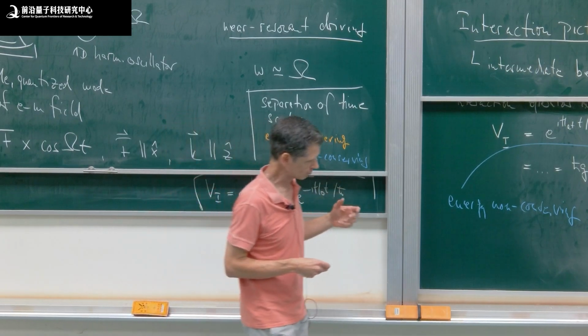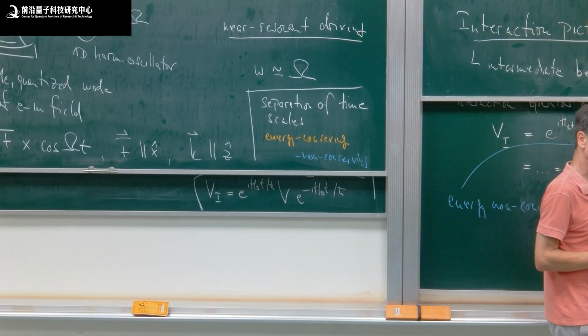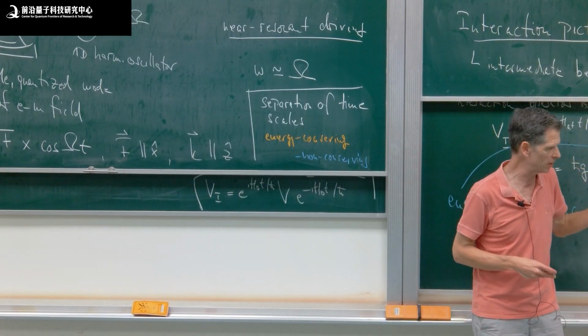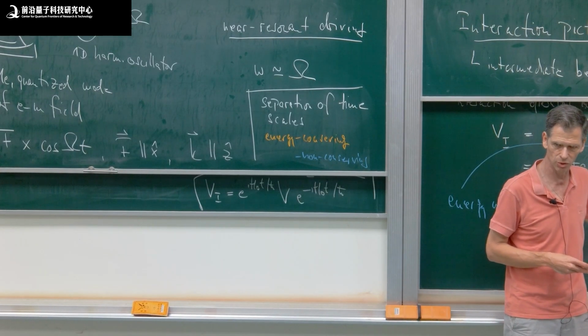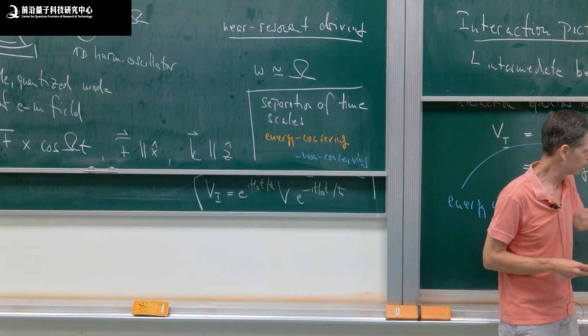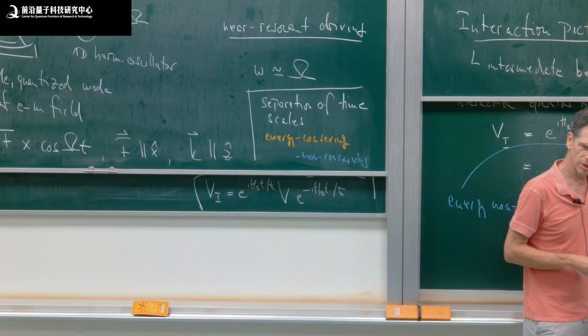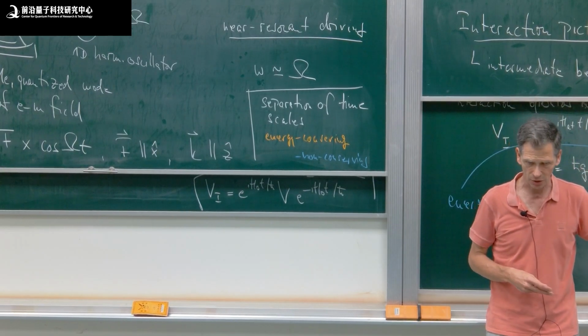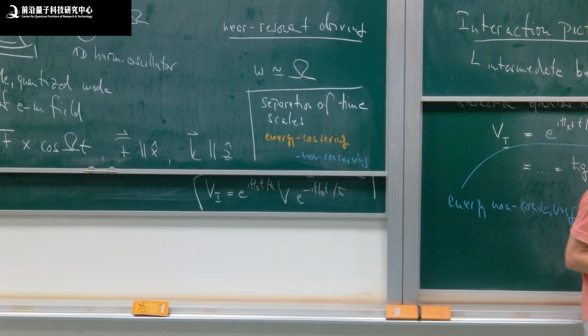And therefore, you can argue, if now you integrate the time evolution equation generated by this effective Hamiltonian in the interaction picture, that the rapidly oscillating terms average out, while the essentially time-independent part of the interaction Hamiltonian is dominant and will survive this averaging procedure, right?